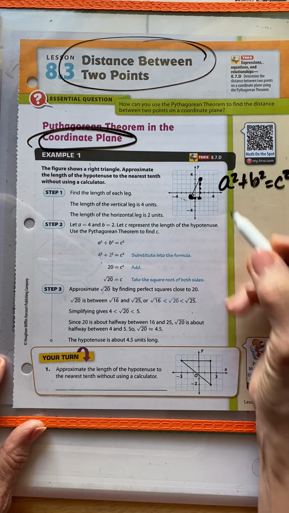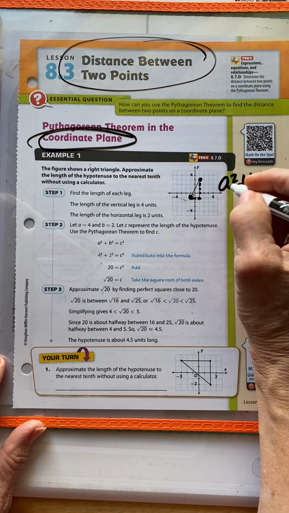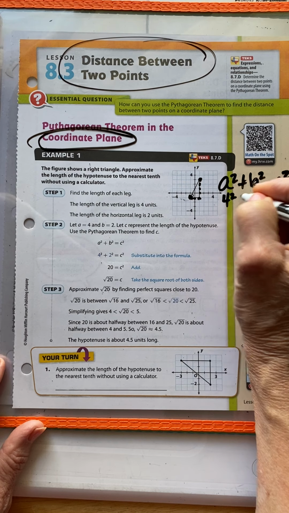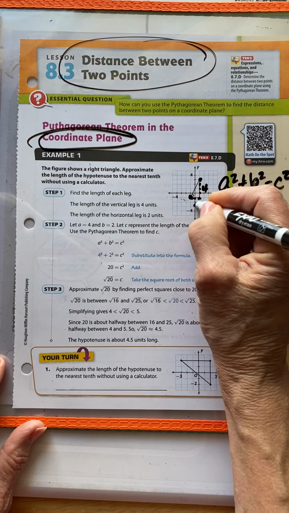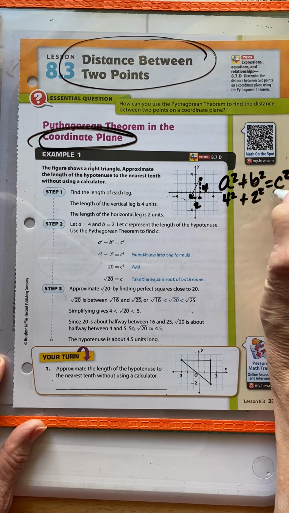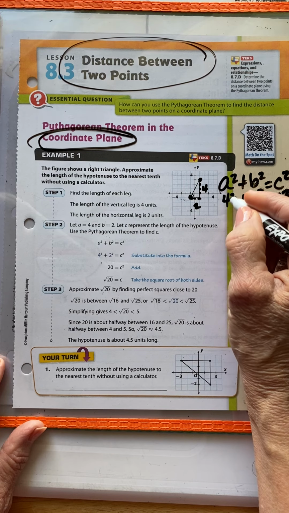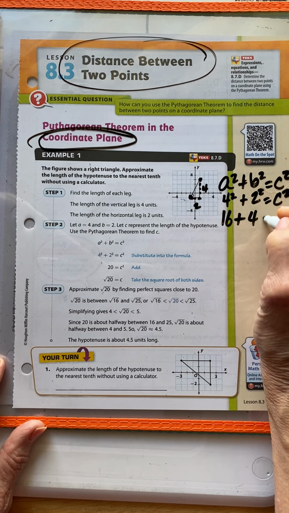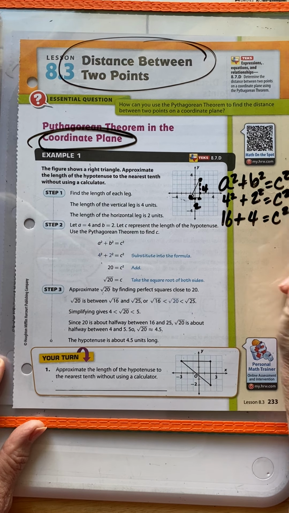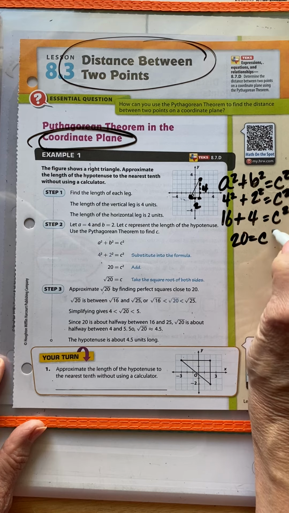As y'all recall, we can count: that's 1, 2, 3, 4 for A, so 4 squared, plus, and label it, 1, 2, so 2 squared equals c squared. So 4 squared is 16, plus 2 squared, which is 4, equals c squared. So 20 equals c squared.